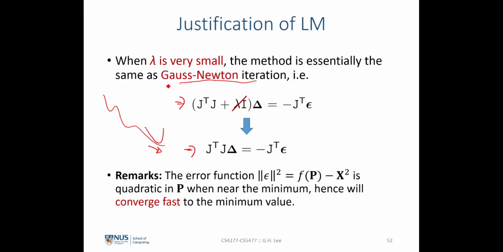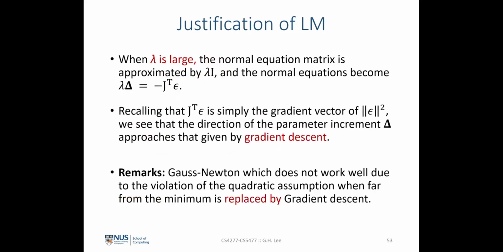Hence the Gauss-Newton algorithm will work best in this situation, and you will also converge faster. Hence, when there's a decrement in the error, we will make lambda small, and we will turn the Levenberg-Marquardt algorithm into a Gauss-Newton algorithm that ensures fast convergence.